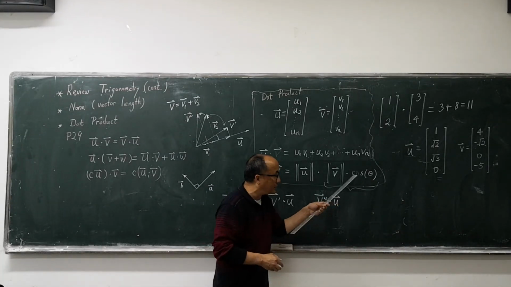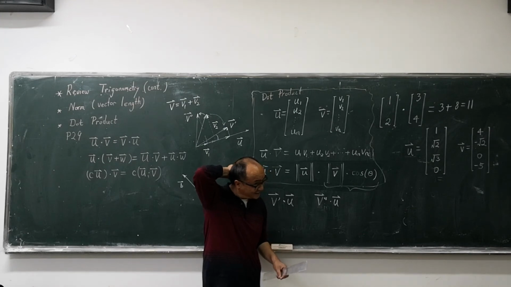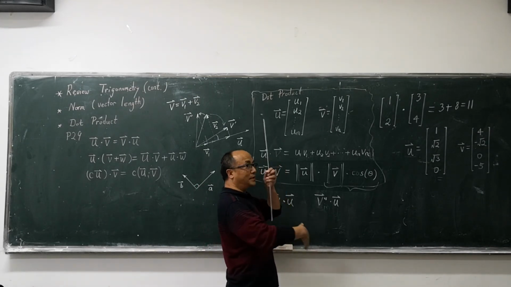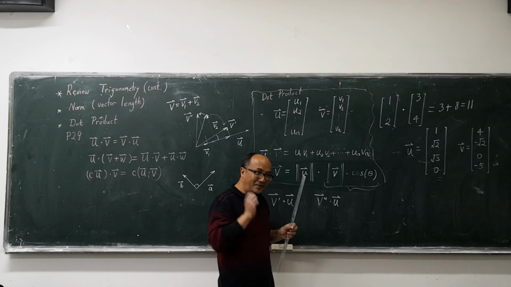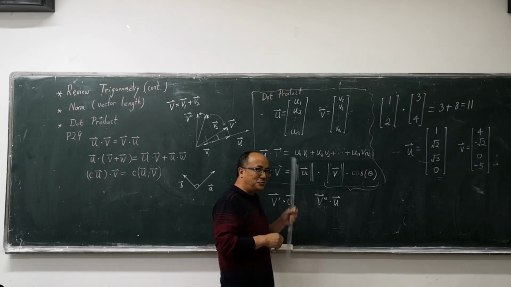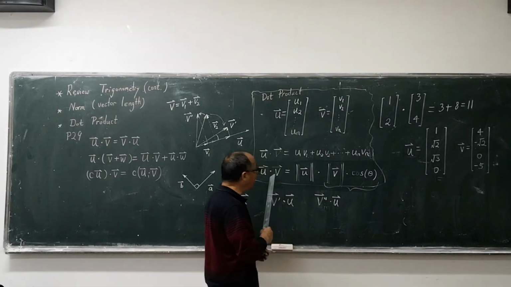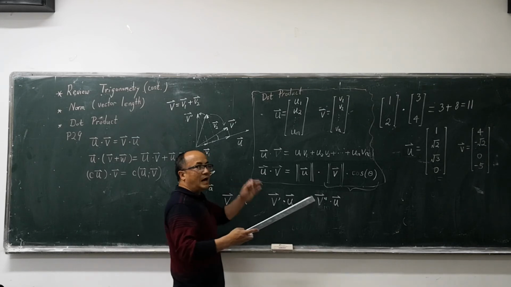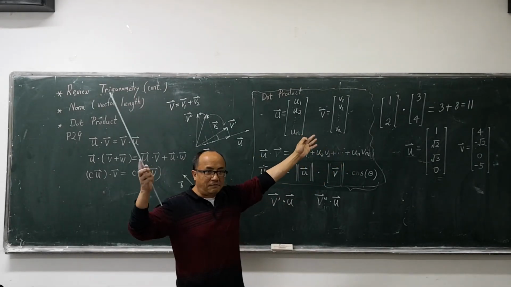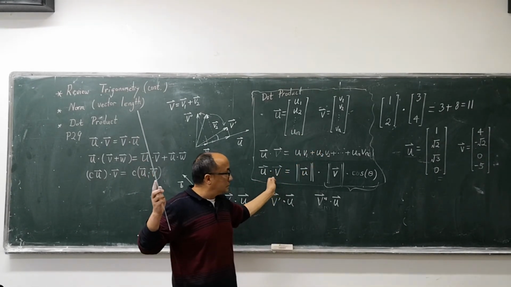When this is 90 degrees, cosine 90 degrees is what? 0. Moving 90 degrees, the distance to my foot is 0. Okay? Trigonometry. Cosine 90 degrees is 0. When it's 0, everything is 0. So if any two are vertical, then the dot product is 0.